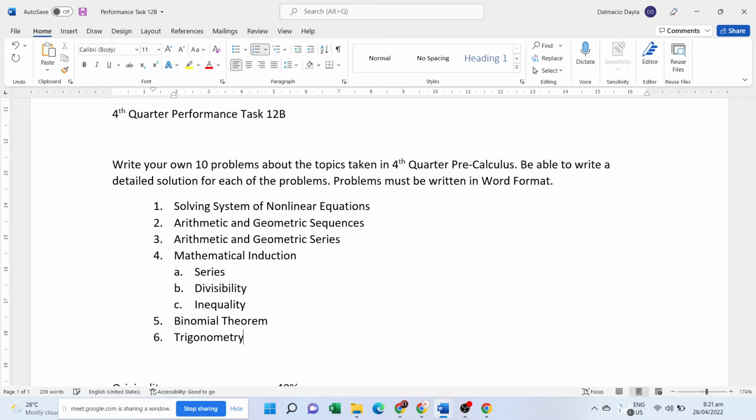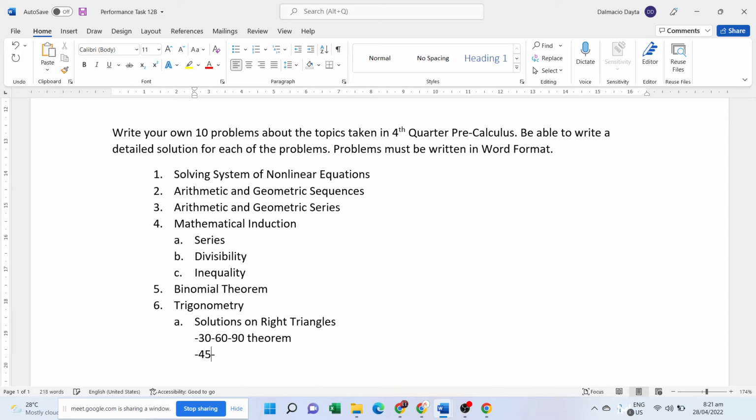trigonometry. Under trigonometry, we will have right triangle solutions, solutions on right triangles. Under this, the 30, 60, 90-degree theorem.